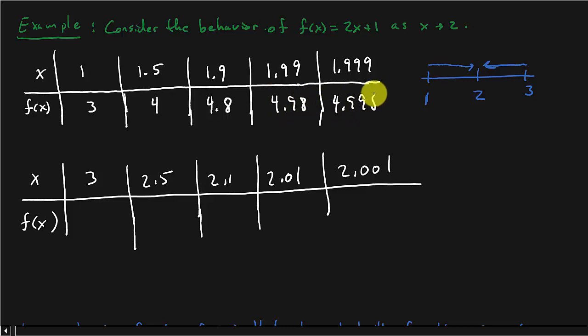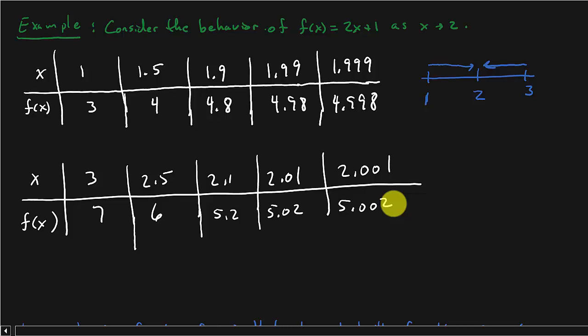And then I'm going to plug each one of these values in for x. So I get 7, 6, 5.2, 5.02, and 5.002.